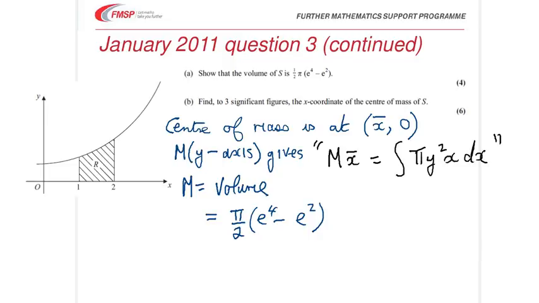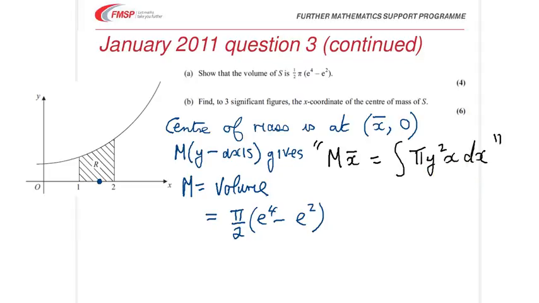Now the centre of mass of the volume of revolution will be on the x-axis somewhere, obviously by symmetry, so we'll call it x bar, 0. And the standard theory here for finding the x coordinate of the centre of mass, finding x bar, is that the total mass times x bar is equal to the integral, or this integral here, pi y squared x dx.